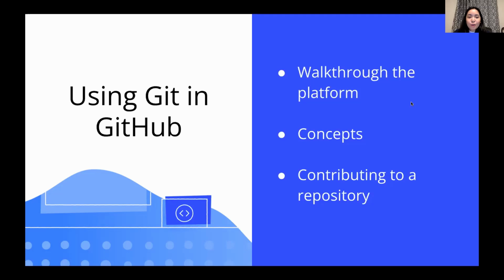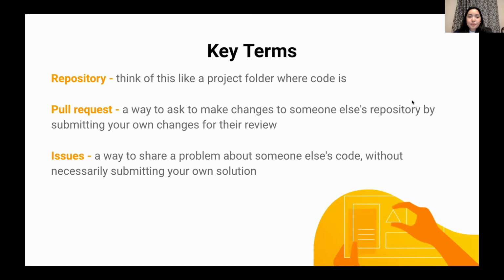Otherwise, we're going to go through a walkthrough of the platform, then we're going to talk about the concepts, and then we'll talk about contributing to a repository. The key terms in this section are: repository, which we talked about earlier, is a project folder where your code is.